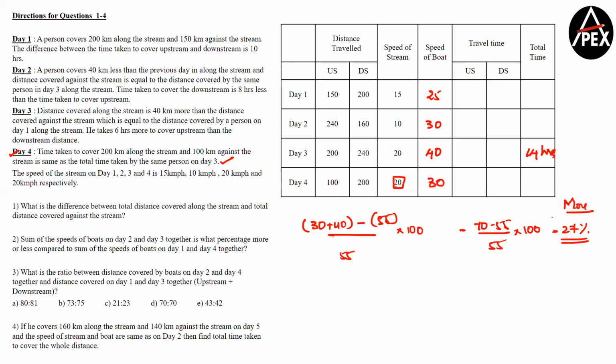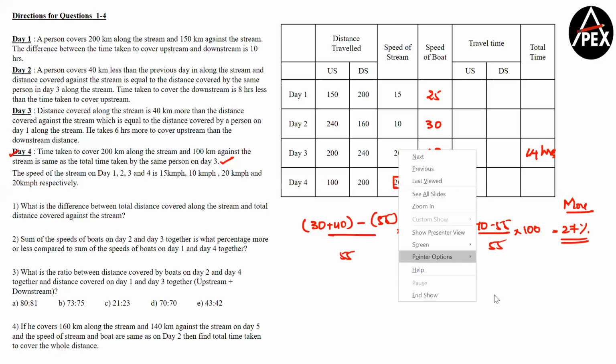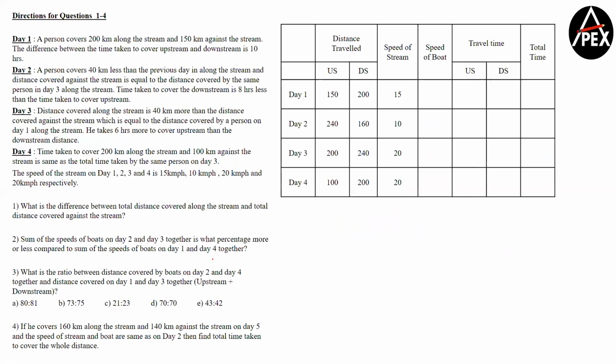Now coming to the third question. What is the ratio between the distance covered by boats on day 2 and day 4 together and the distance covered on day 1 plus day 3 together? It's a direct question. On day 2, it is 240 plus 160. On day 4, it is 100 plus 200. On day 1, it is 150 plus 200.